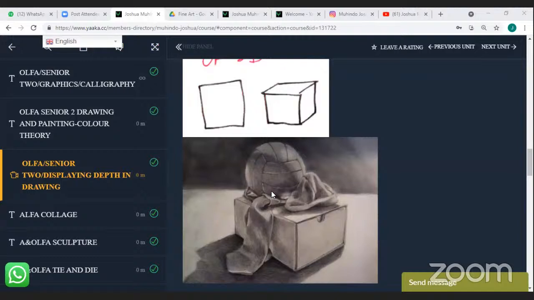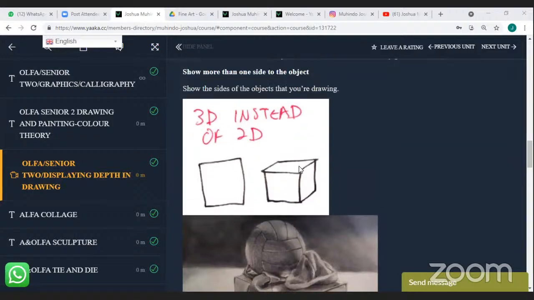Again, the other way to achieve depth in a work of art, we basically don't have to show one side. I think you can see with this that we have the 3D instead of the 2D. So this is the 3D whereby we have length with width and height, okay? So when you draw those three sides, it gives us a three-dimensional form, or it creates depth. We tend to say, okay, it's not just a plain object, but it has body.